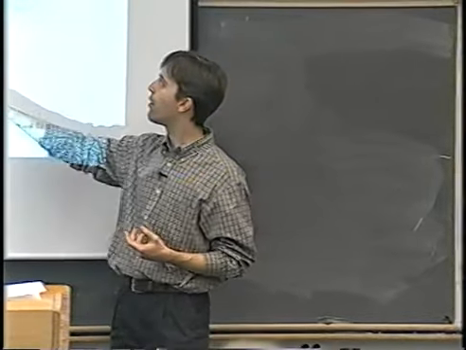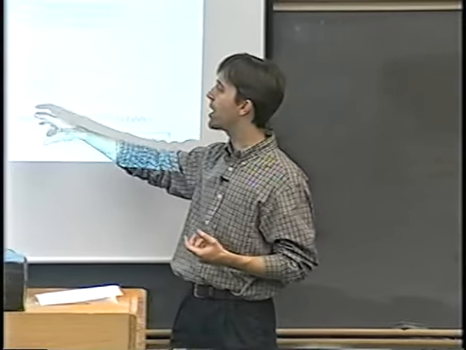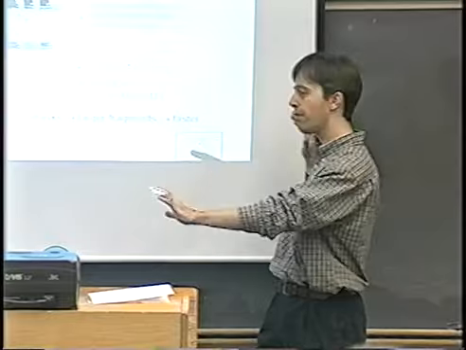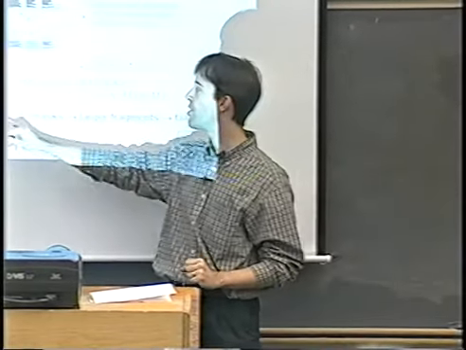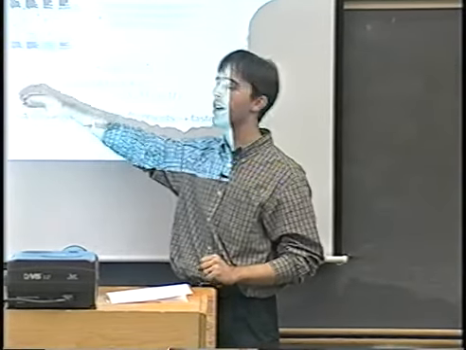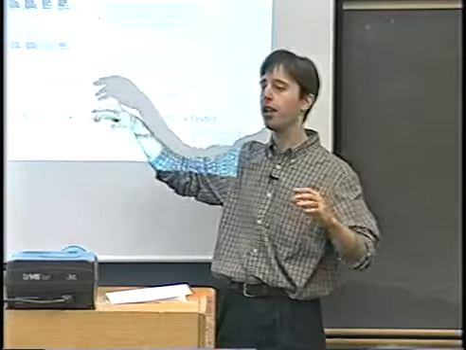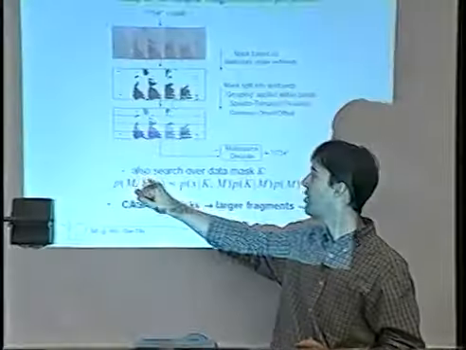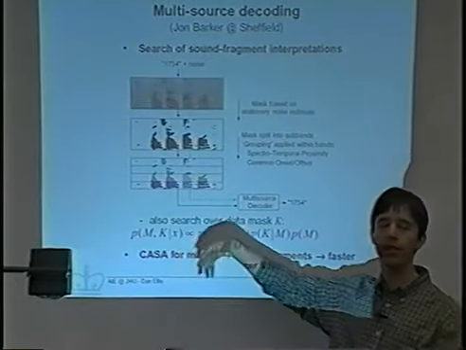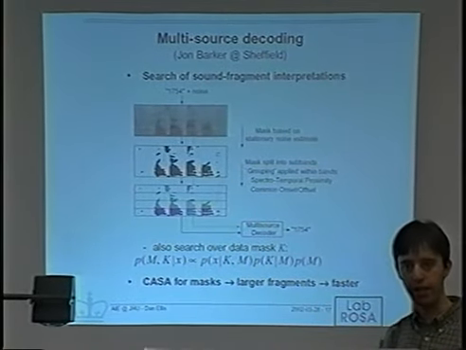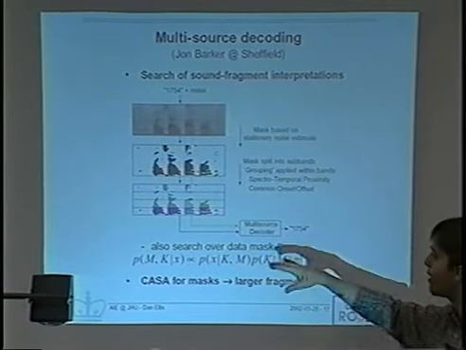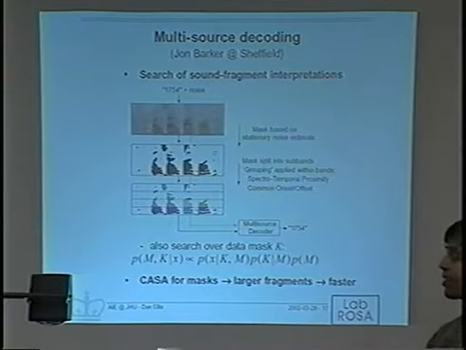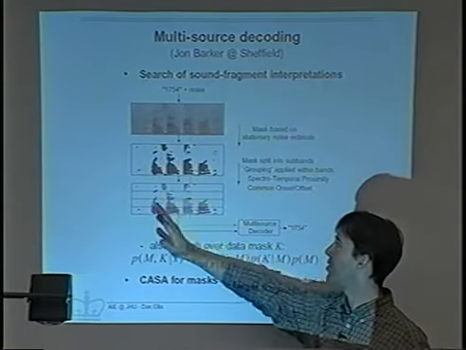And so the idea of the multi-source decoder is that, rather than just trying to find the model that is most likely given the data, or has the maximum posterior probability given the data, when we're doing the whole recognition process, we're actually going to do a joint search over different models and different masks for this missing data task. One way you could generate a set of different masks to search over is by just trying to chop this up.